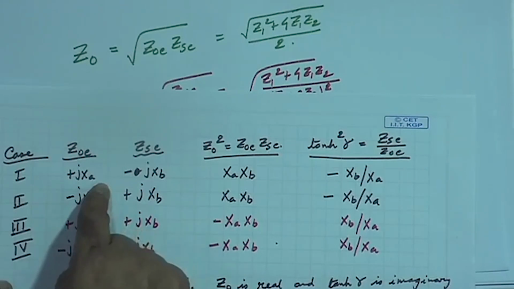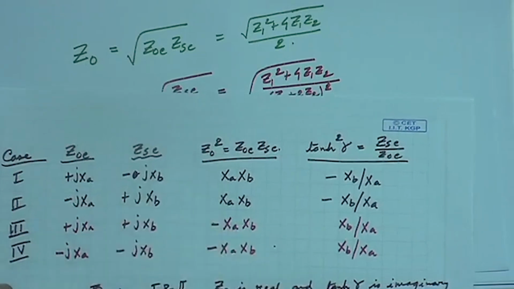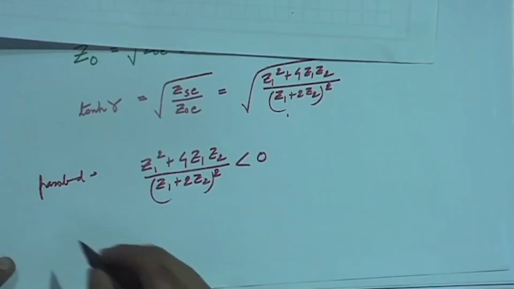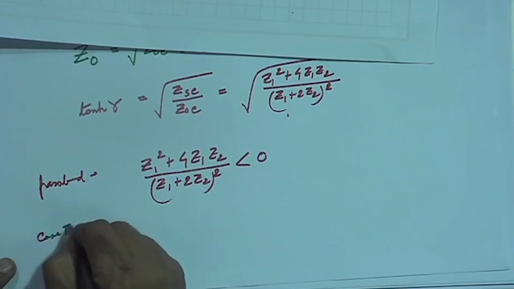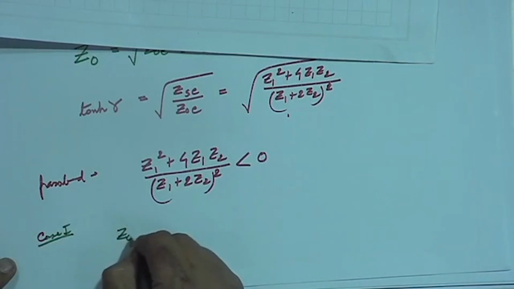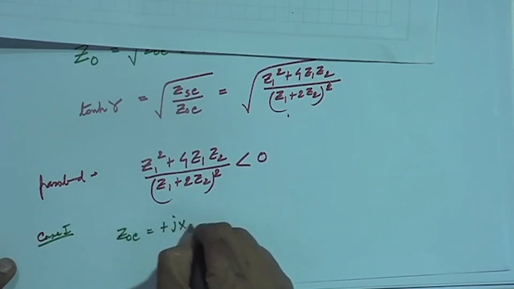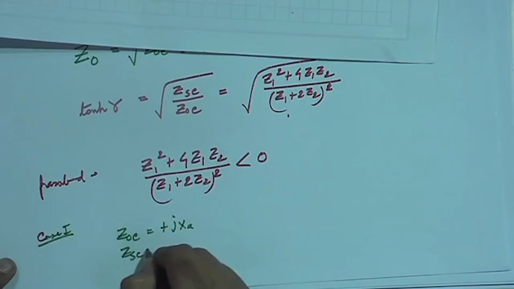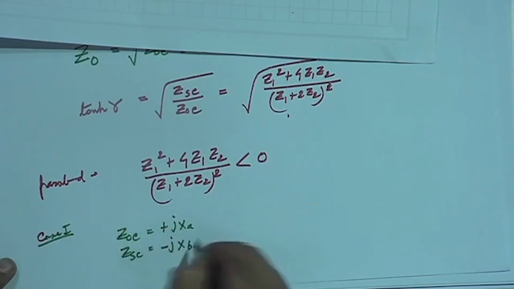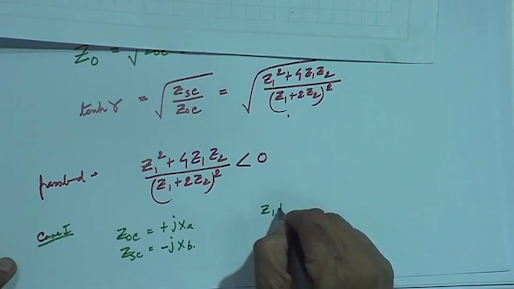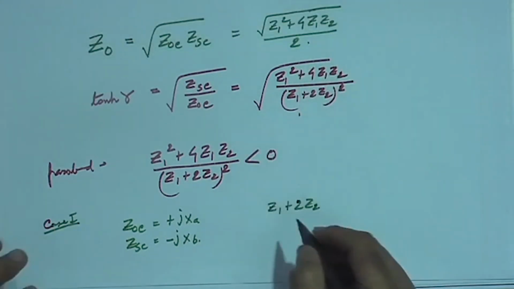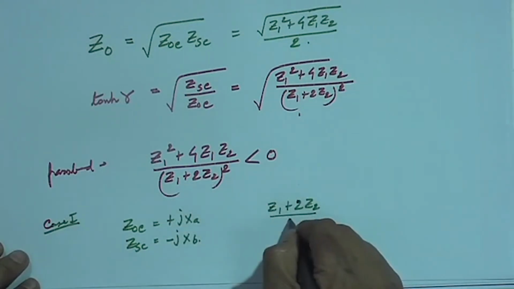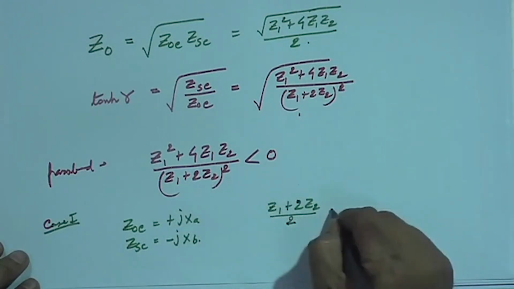In case 1, ZOC is plus JXA, and ZSC is minus JXB. So what happens to Z1 plus 2Z2 by 2?